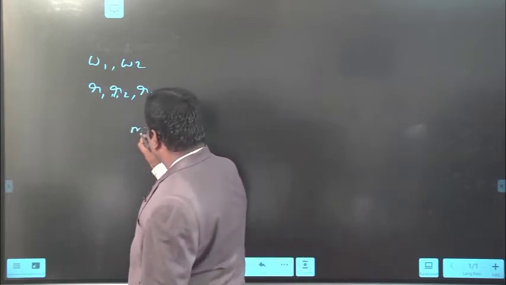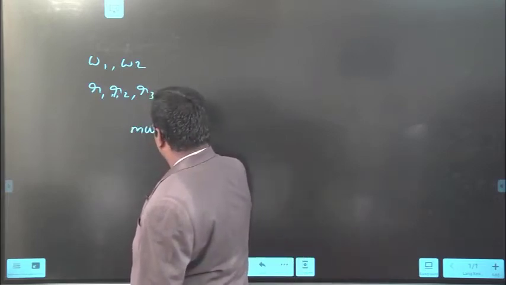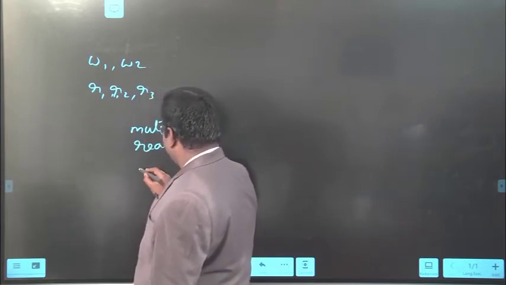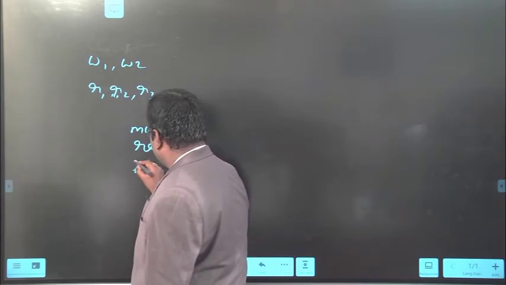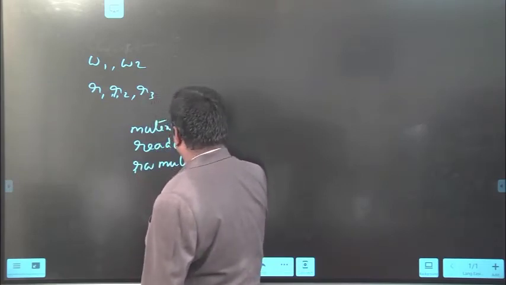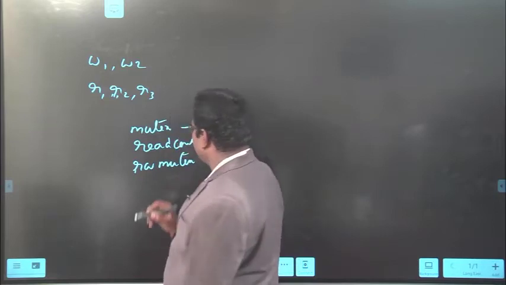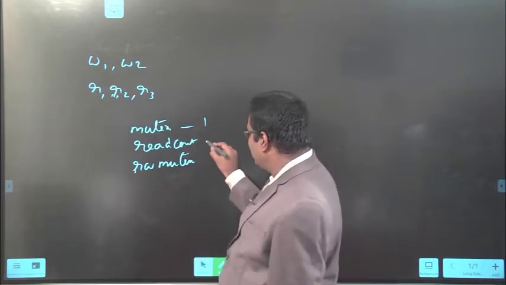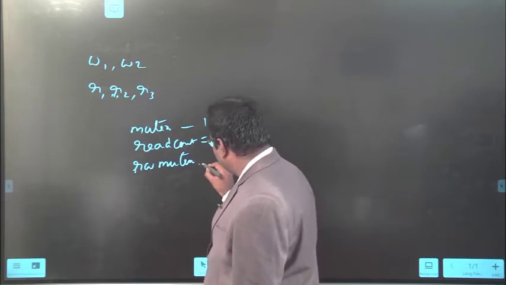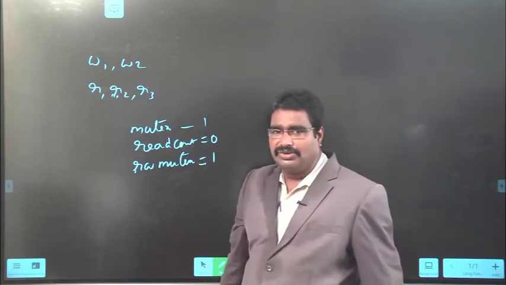Mutex is one binary semaphore, read count is an integer variable, and RW mutex is another binary semaphore. The mutex is a binary semaphore with initial value 1, read count is 0, and the RW mutex is also a binary semaphore with value equal to 1.